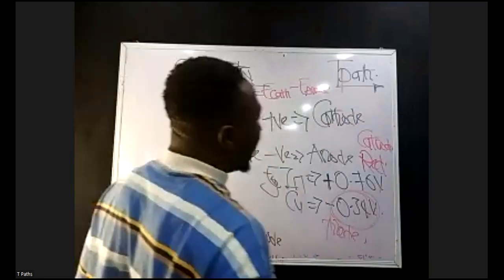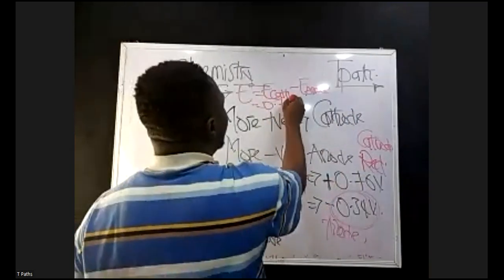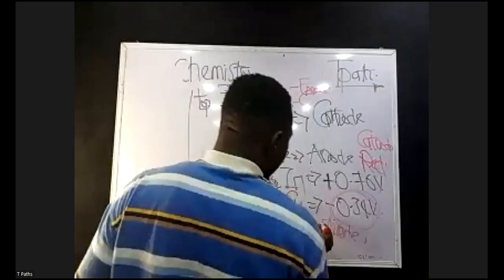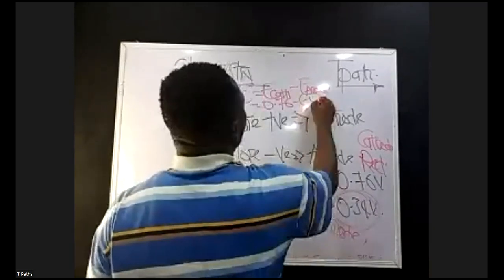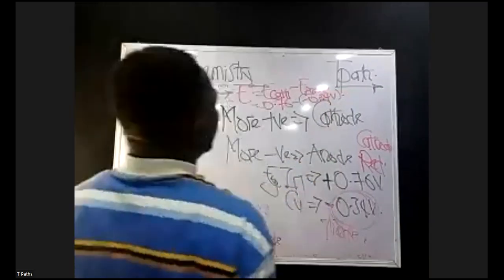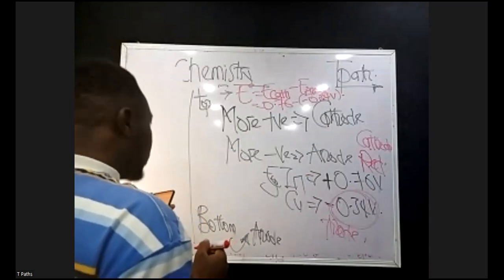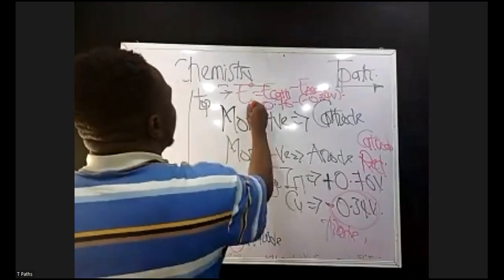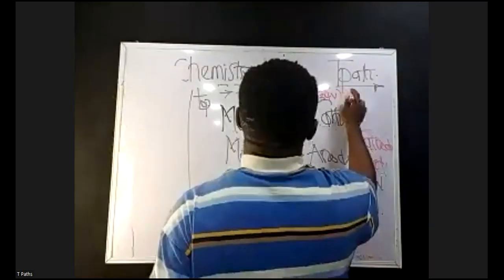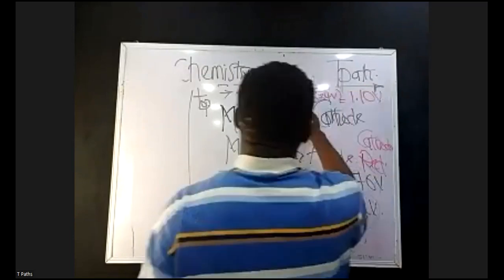The cathode here is copper, that is 0.34 volts, minus open bracket minus 0.76 volts. This gives us 1.10 volts, because minus and minus is plus.